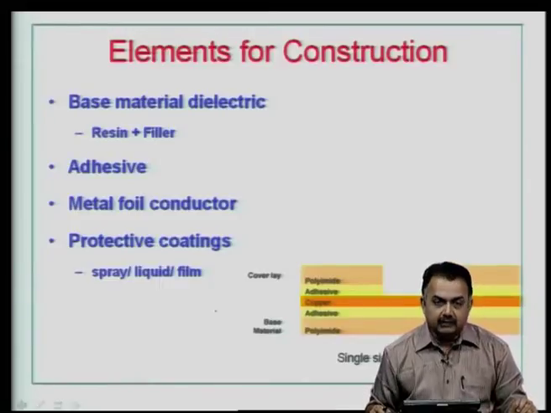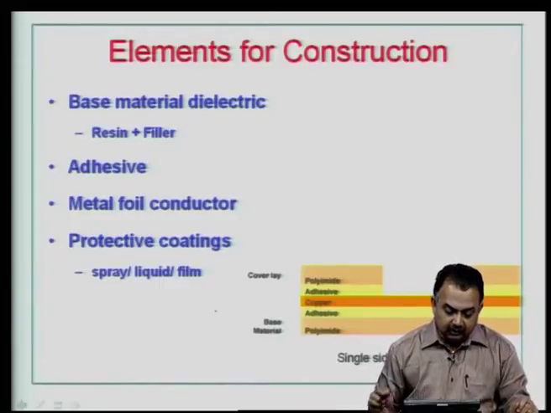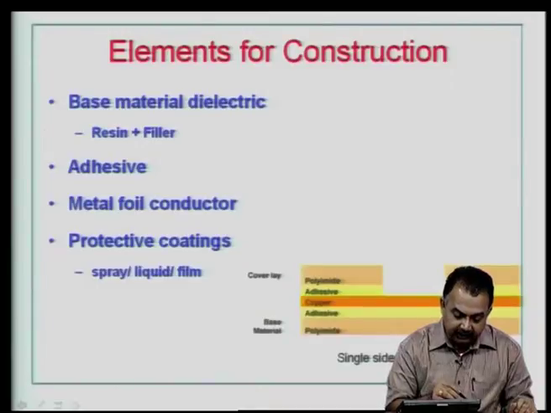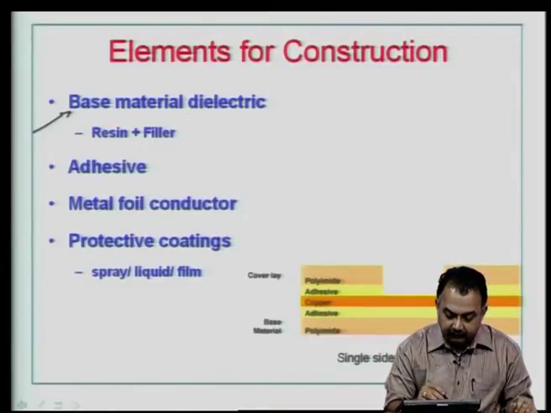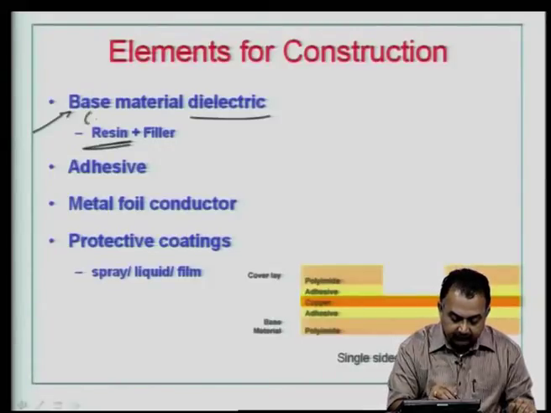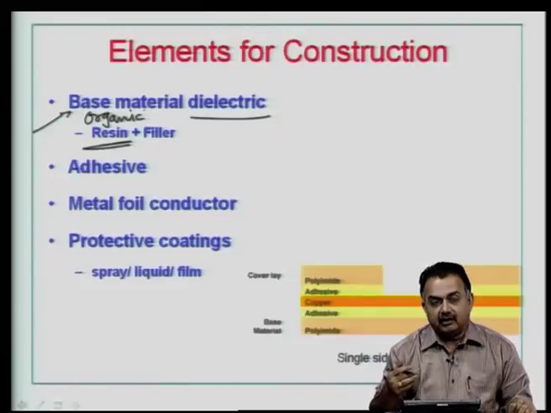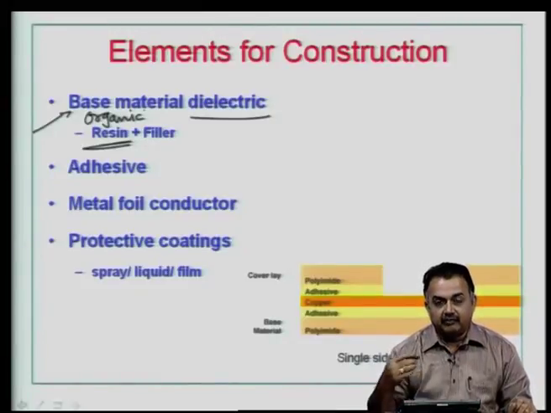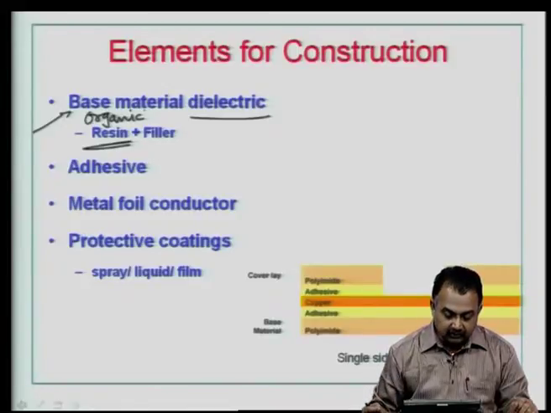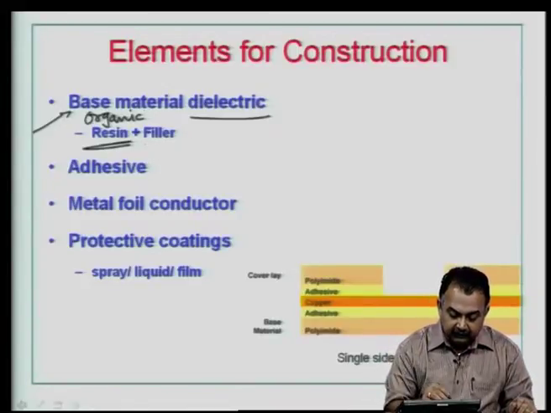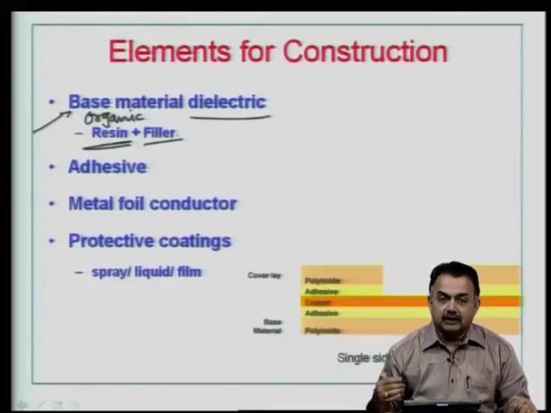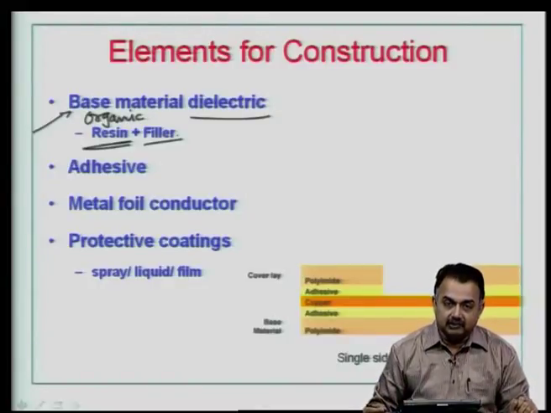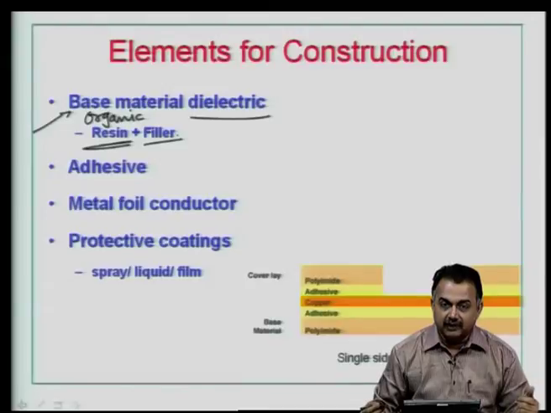Now, the basic elements for construction. It essentially requires a base dielectric material. You need some kind of organic resin which provides the electrical characteristics that you desire. Again, you have a lot of choices of materials. Filler: you do not use filler to the extent that you use in a rigid PCB, because you need it to be flexible.